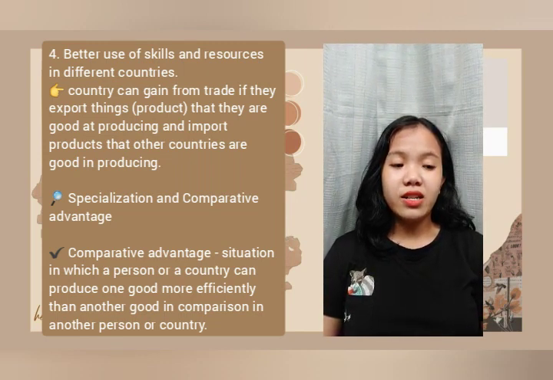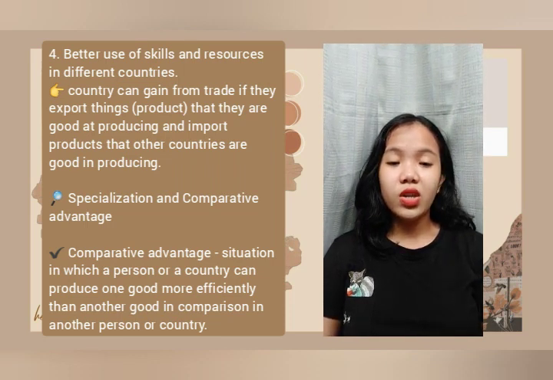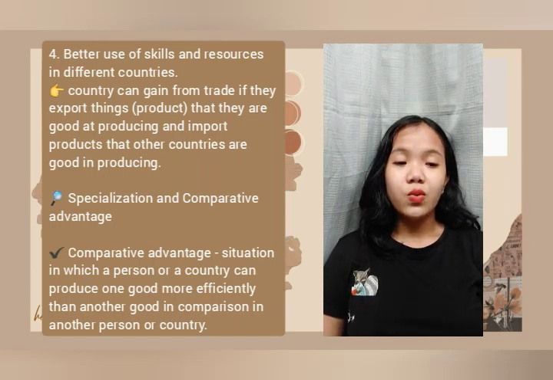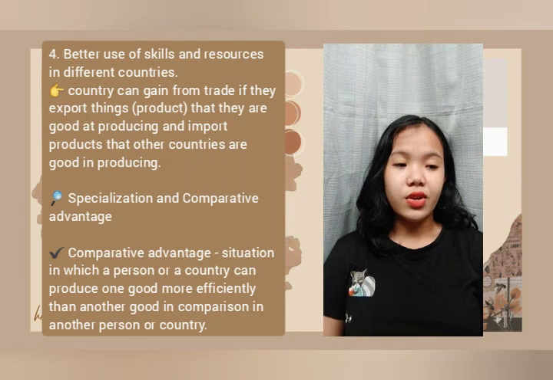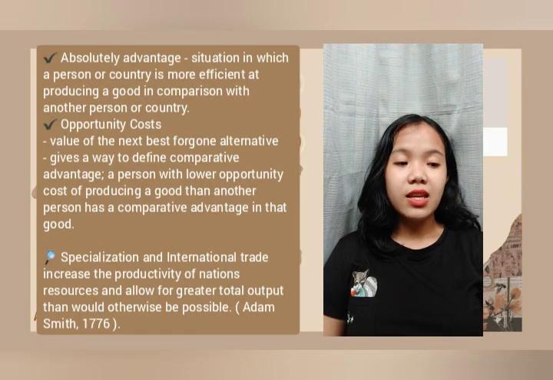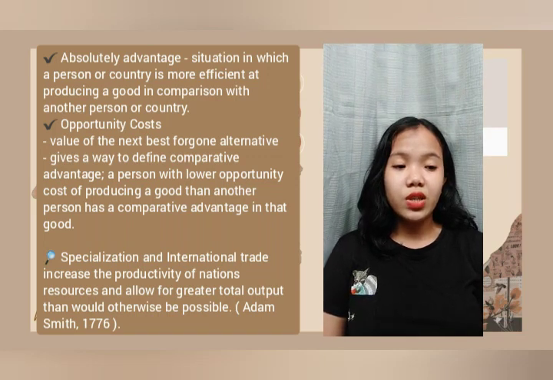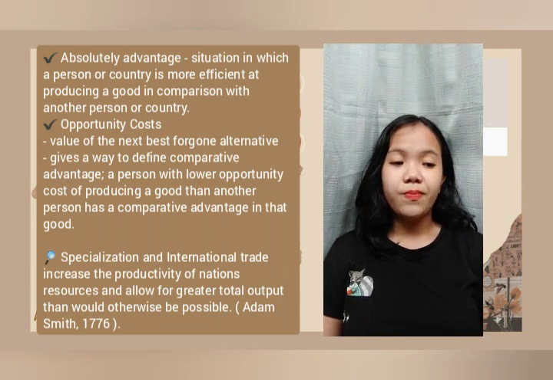Specialization and comparative advantage. Comparative advantage is the situation in which a person or a country can produce one good more efficiently than another good in comparison with another person or country. Absolute advantage is the situation in which a person or country is more efficient at producing a good in comparison with another person or country.